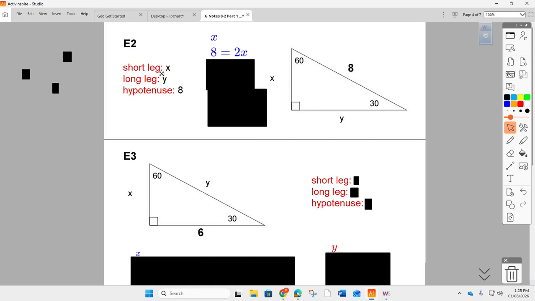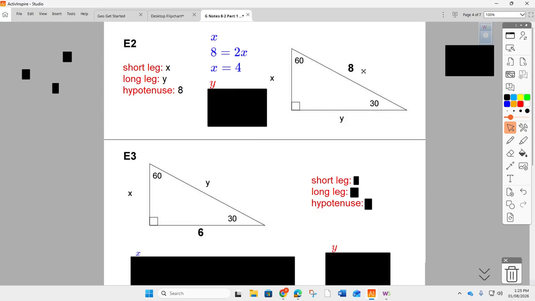Now, I wrote an equation here and solved it. But you can just remember that if you know the hypotenuse, you divide by 2 to get the short leg. If you know the short leg, you multiply by 2 to get the hypotenuse. The hypotenuse is always twice the length of the short leg. Does that make sense, Dominic?